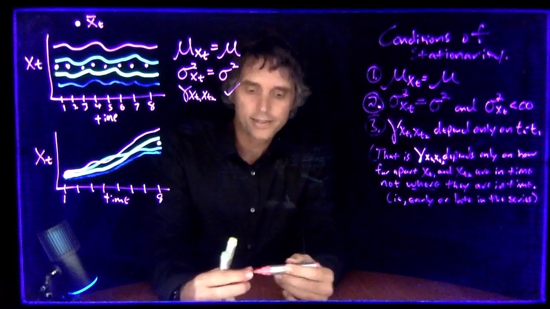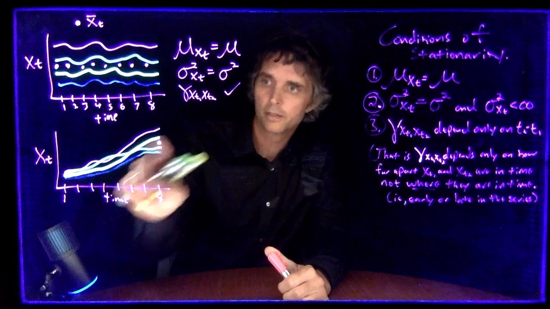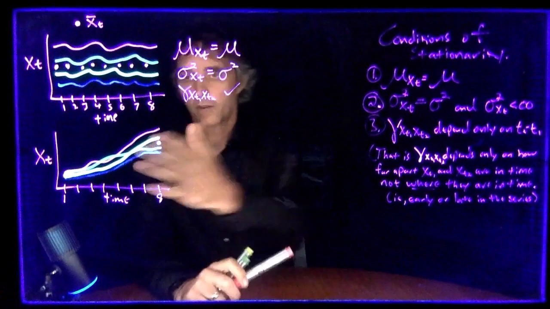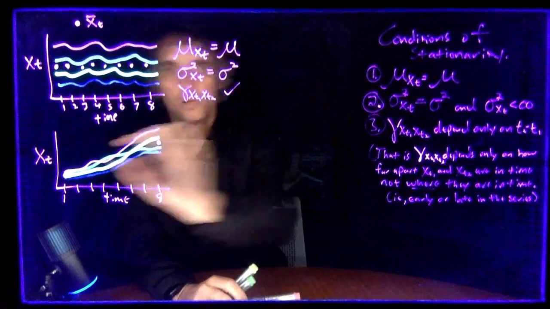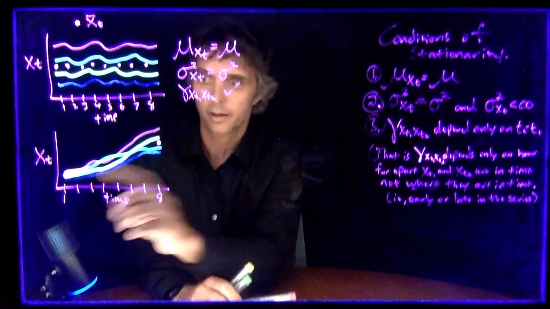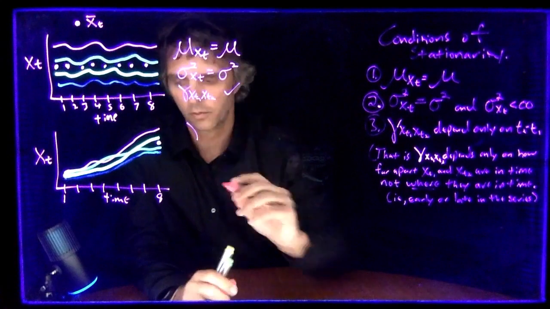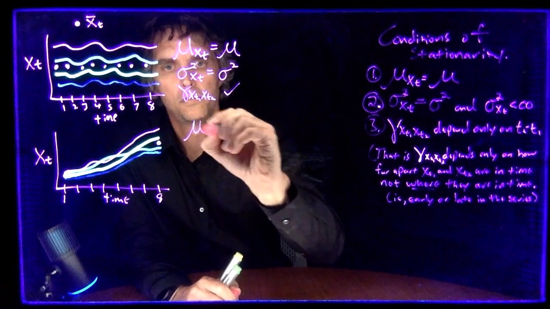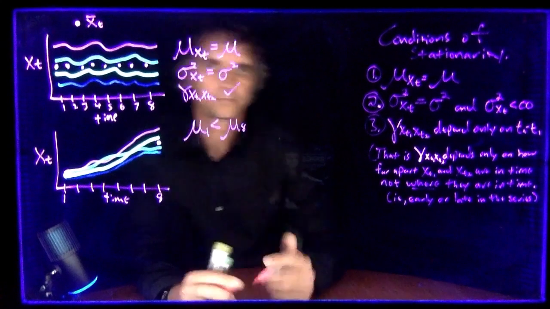That might be some evidence that mu1 is different than mu8, because those are much farther apart than they were up here. Right now that's subjective. We could run a hypothesis test, but this would be consistent with mu1 being less than mu8.